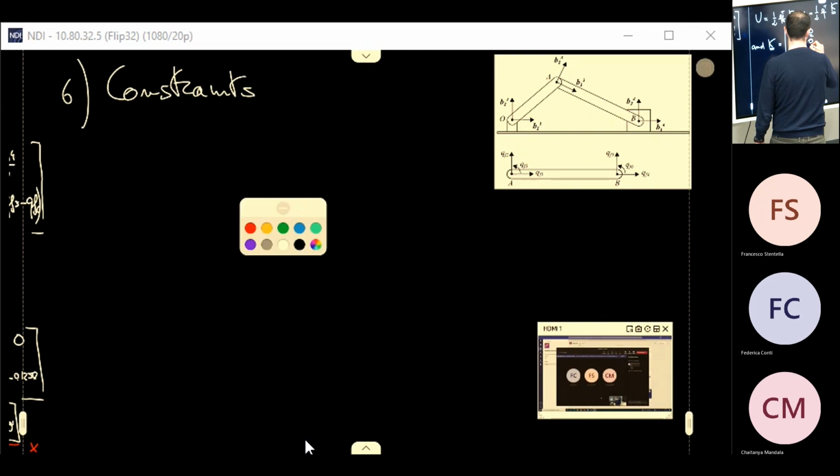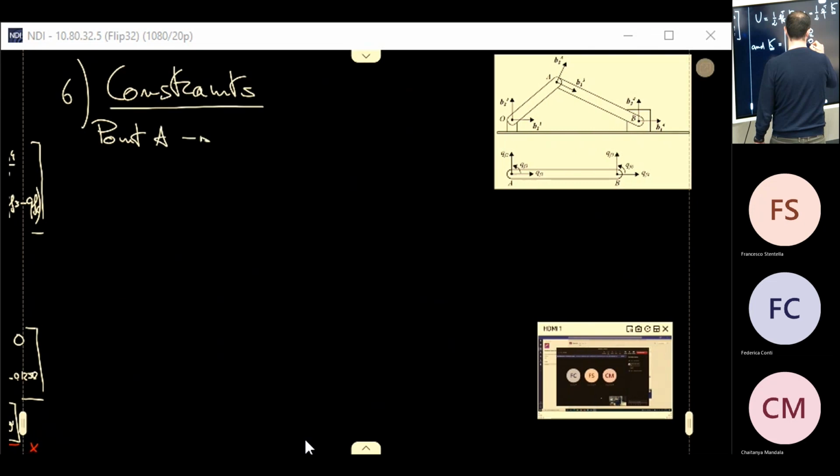So we have point A, we have a hinge, right?